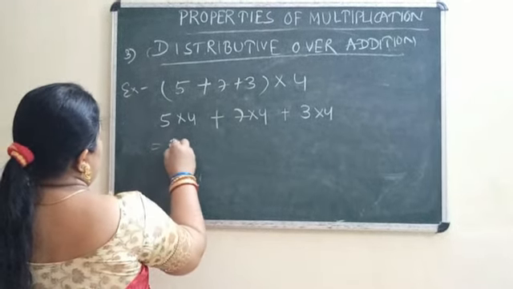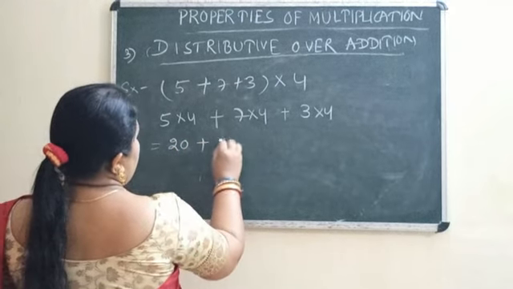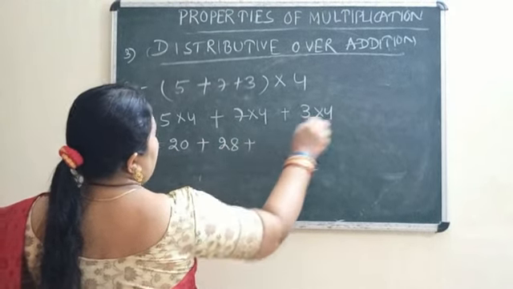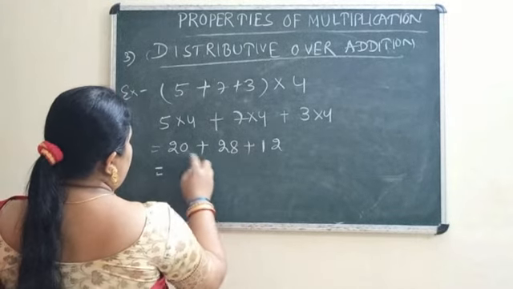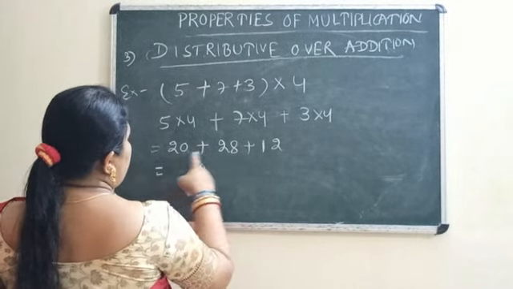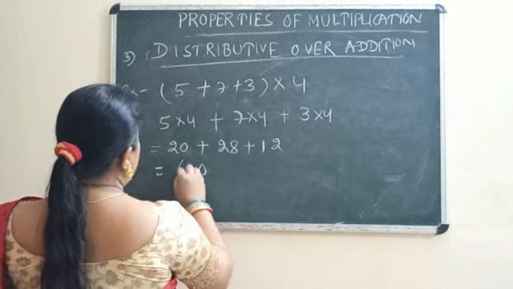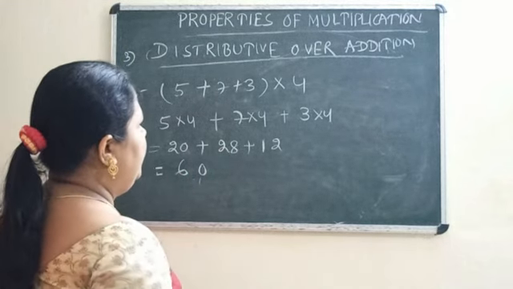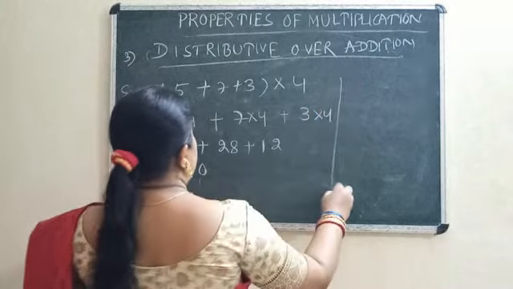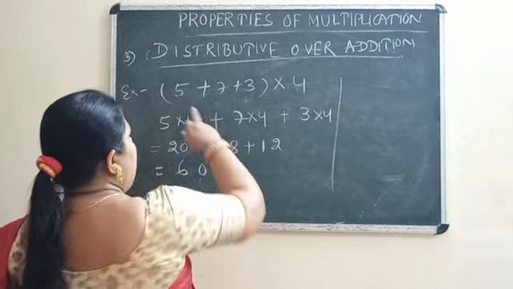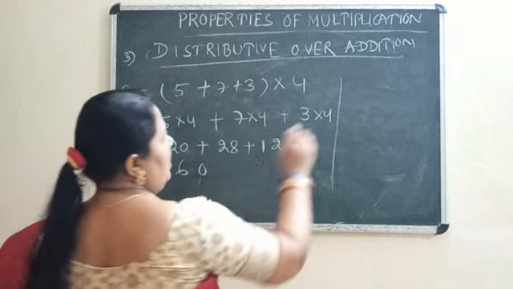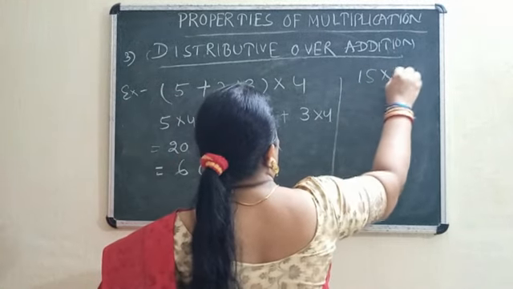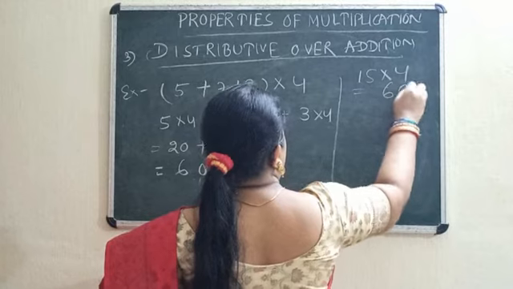5 4s are 20, 7 4s are 28, 3 4s are 12. How much is the answer coming? 8 2s are 10, 1 carry, 2 2s are 4, 2 2 4, 1 5 1, 6, so 60. Okay, but directly, if we do 5 plus 7 plus 3, how much? 7 3 10 plus 5, 15. 15 into 4, how much? 60.